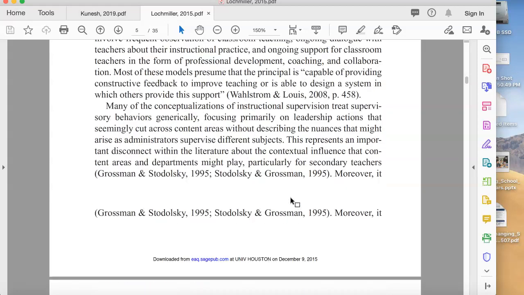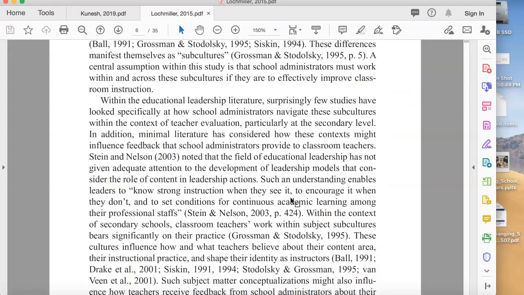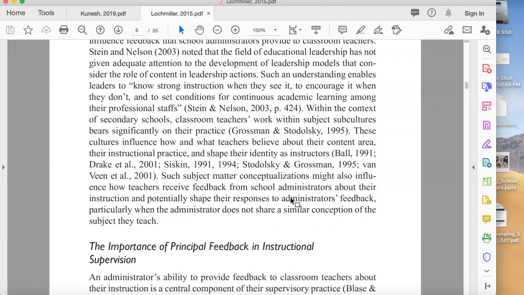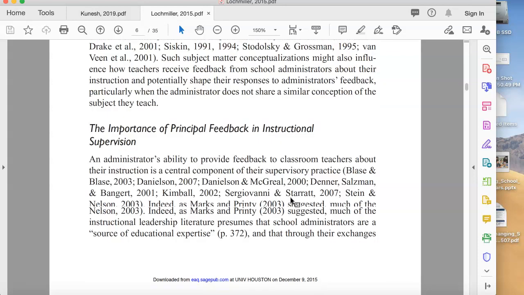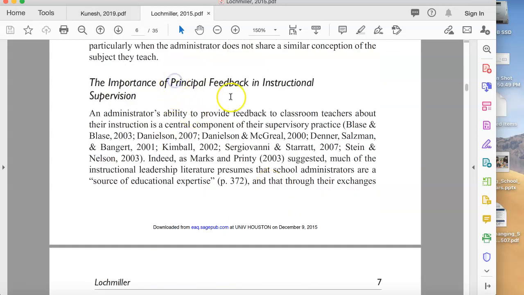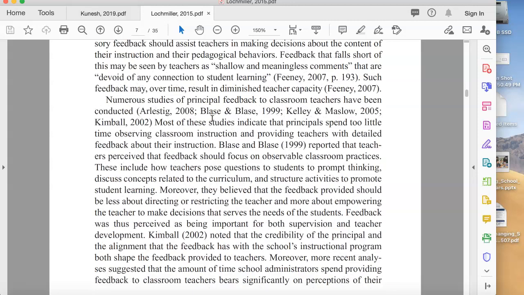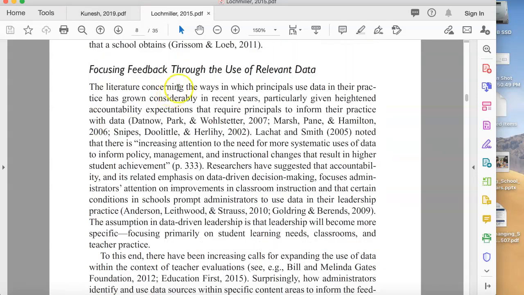So we keep going through the literature, and what you want to be able to take away is the basic idea, the main points of what did we already know going into this paper about instructional leadership. The role of principal feedback and data.